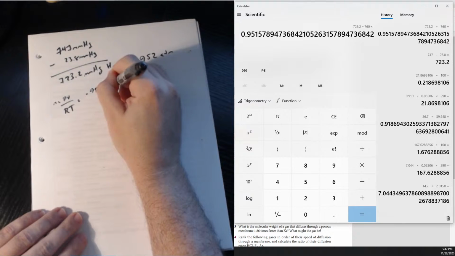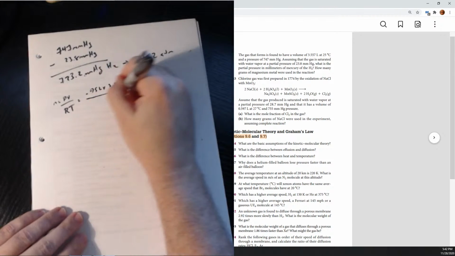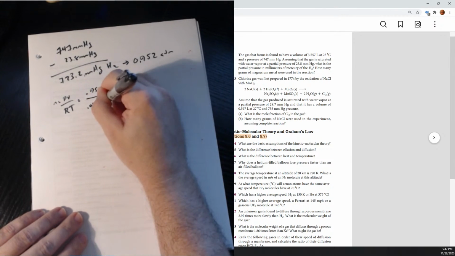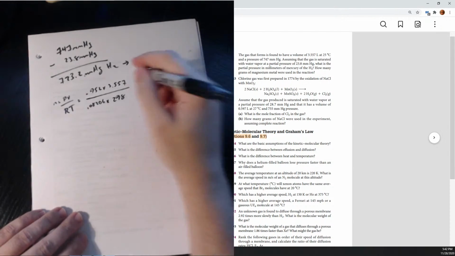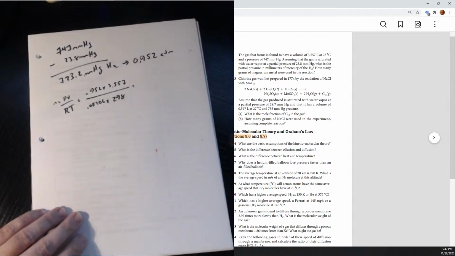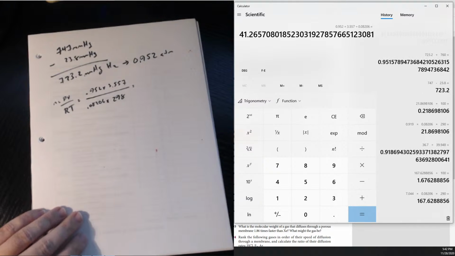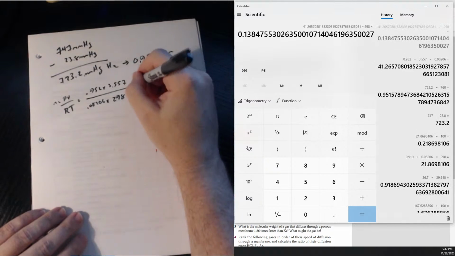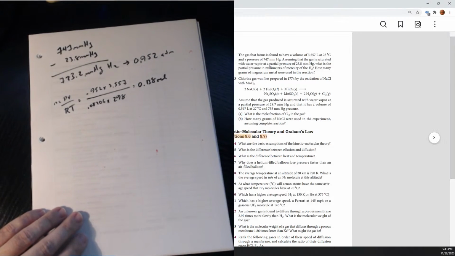0.952 times 3.557, I believe. Yes. 0.08206, and what was the 298? 25 degrees Celsius is 298 Kelvin, roughly. That's 0.138 moles of hydrogen. And so they're asking how many grams of magnesium.